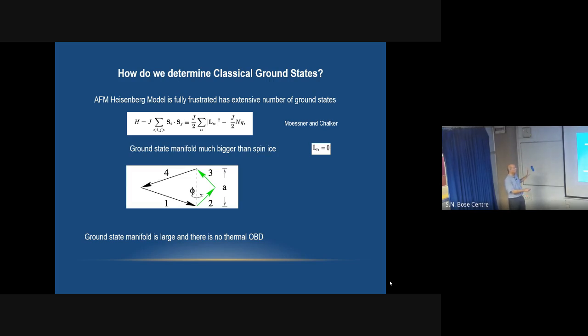So there's a lot of freedom, a lot of possible ground states over here, much larger, in fact, than even the spin ice configuration. The Heisenberg model is, in some sense, even more frustrated. There's an enormous number, and what is believed is that it's so large that this model remains disordered.